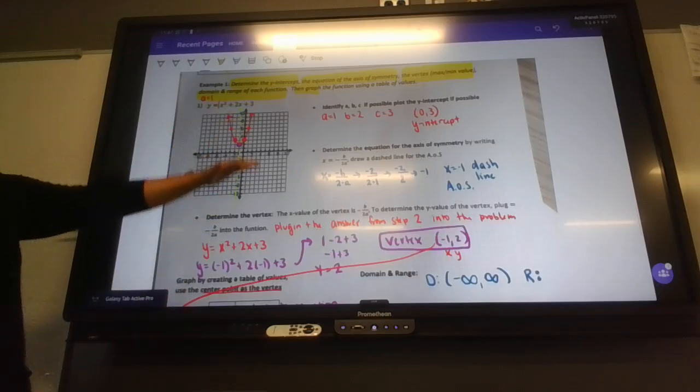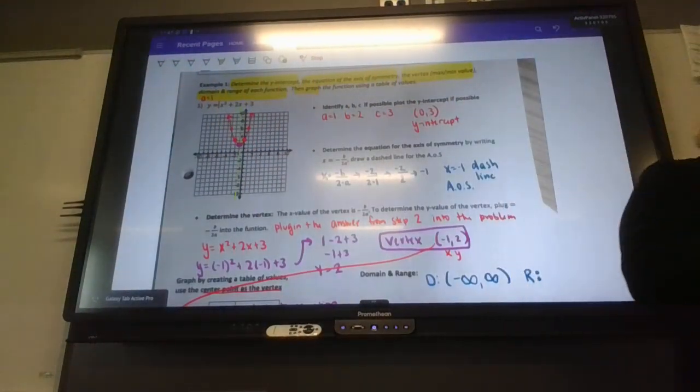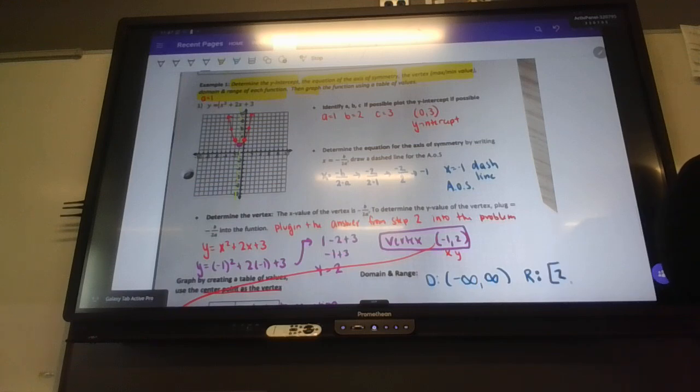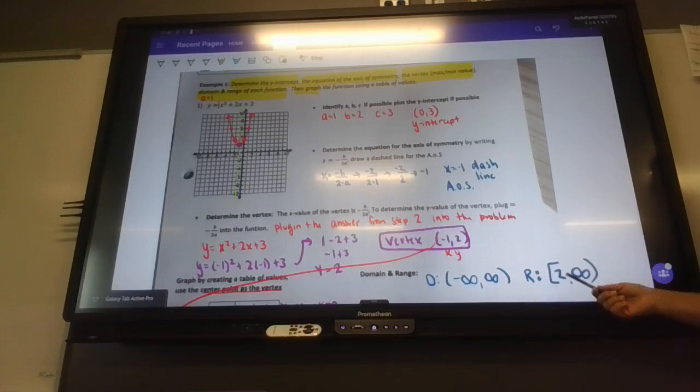So when I think about the y values, the lowest y value is 2, but then it arrows up to infinity. So unless it's a word problem, all of your parabolas have a domain of all real numbers and a range of one endpoint and one infinity, which is it swoops and turns.